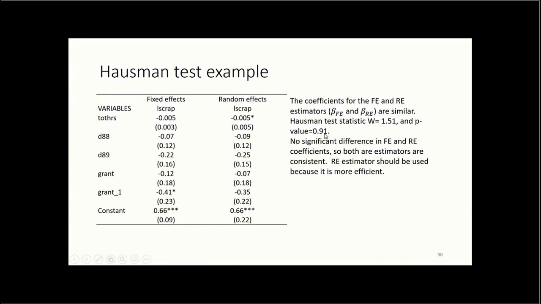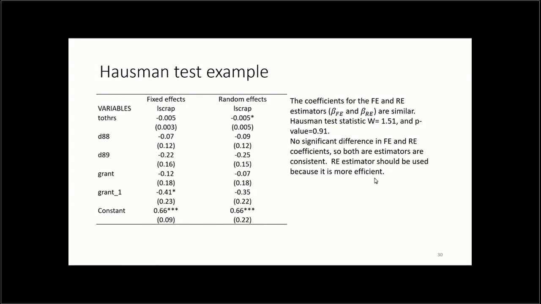So basically, we would be going with the null hypothesis here because the p-value is very high. We cannot reject the null hypothesis. So there's no significant difference in the fixed effects and random effects coefficients. So both of these estimators are consistent. So in this case, the random effects estimator should be used because it is more efficient.